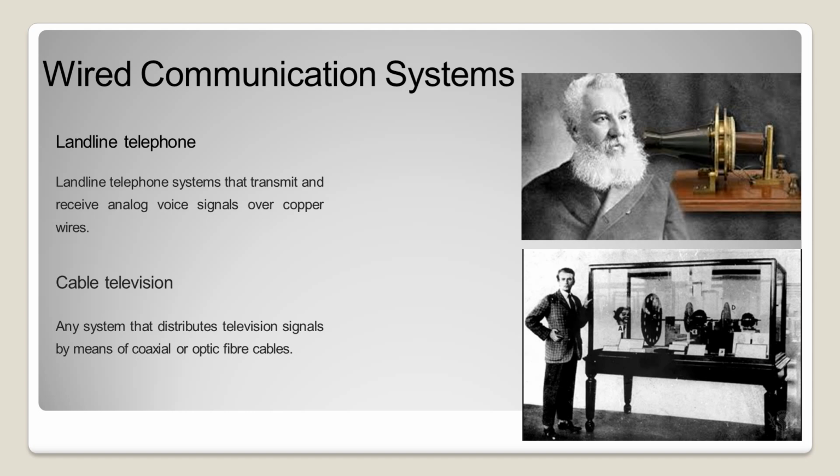Next, the type based on the communication channel or medium that we are using in order to establish a communication. The first one is the wired communication system. An example I can mention here is the landline telephone. A landline telephone is a system that transmits and receives audio signal or sound signal, nothing but our voice signals, over copper wires. One more example is cable television.